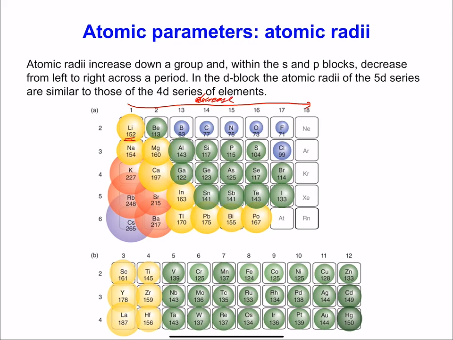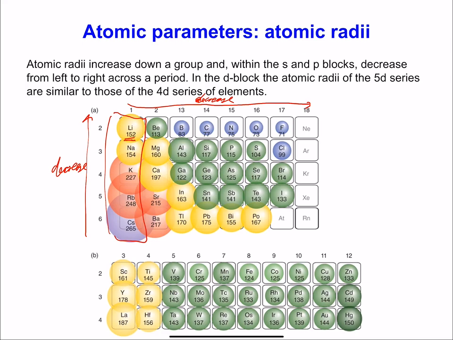Okay, if we go from top to bottom in the same group, let's look at this one. You can clearly see the size from bottom to the top also decreases. Or in other words, from top to the bottom, it keeps increasing.